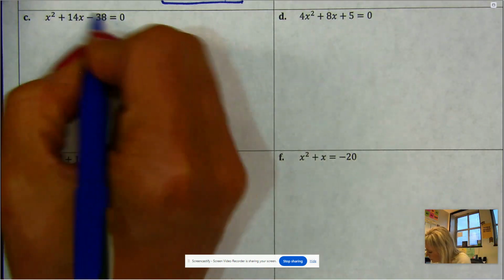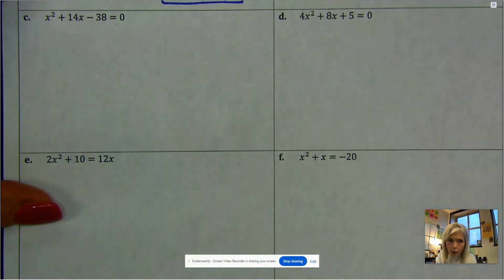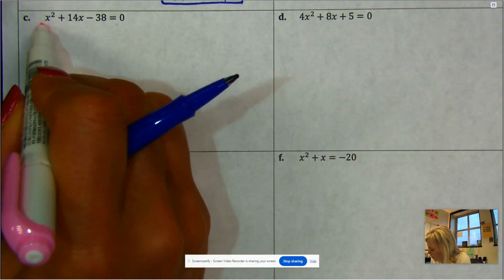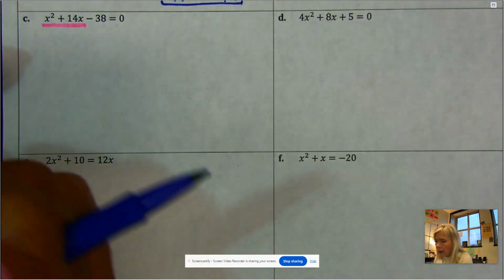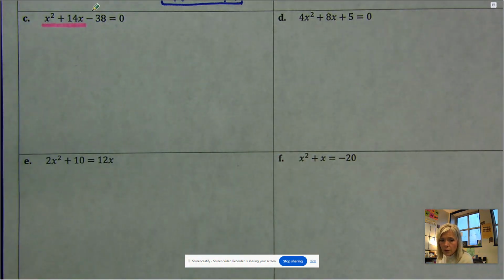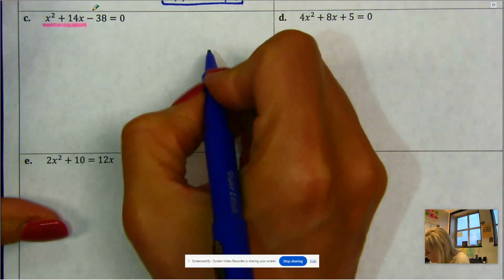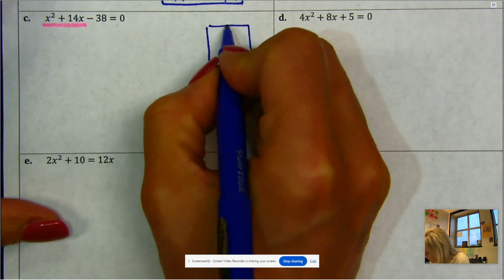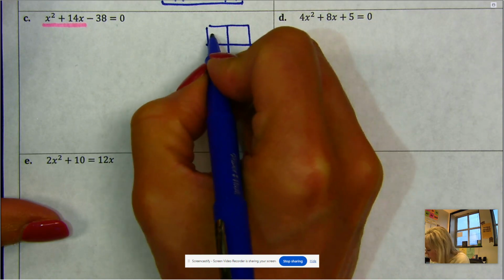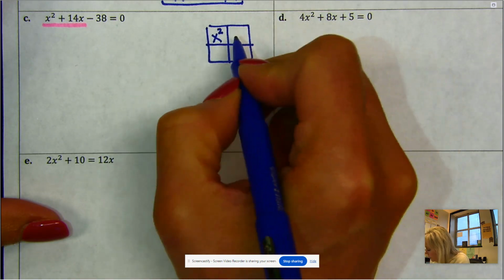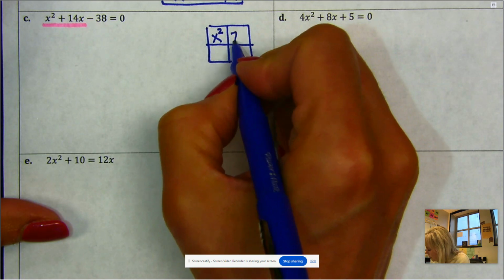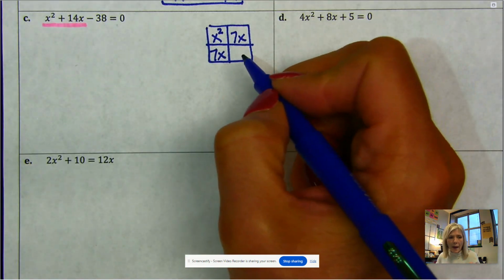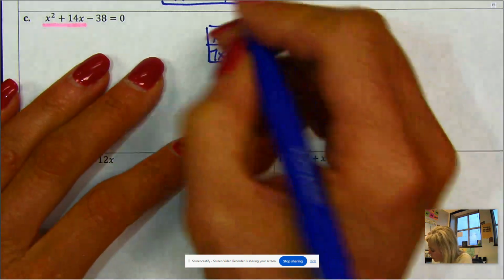So the first thing I'm going to do is figure out what value completes the square. So I'm just going to look at x squared plus 14x to determine that. So x squared plus 14x, I'm going to put this into the box with the x squared right there. And for the 14x, I'm going to put 7x on both of the diagonals, exactly half of 14x.